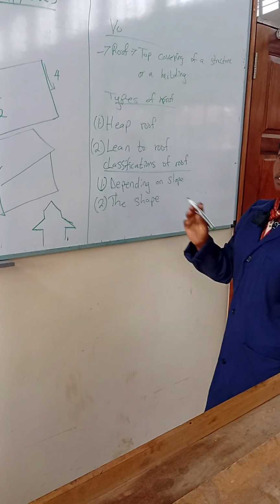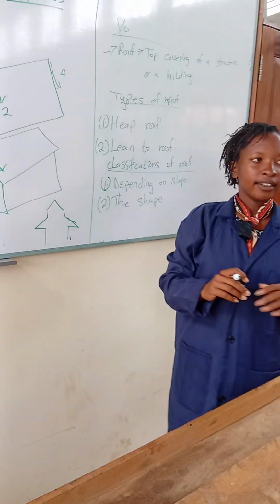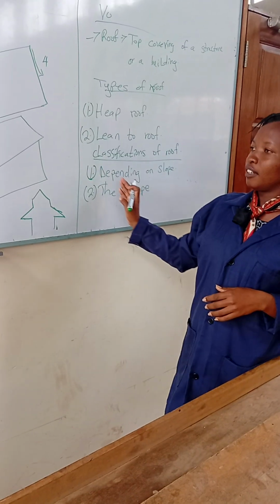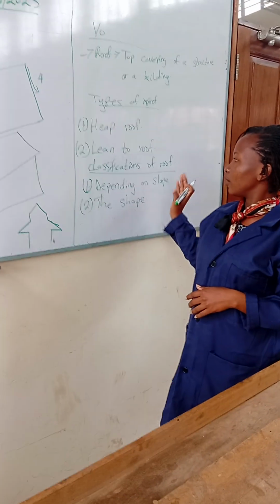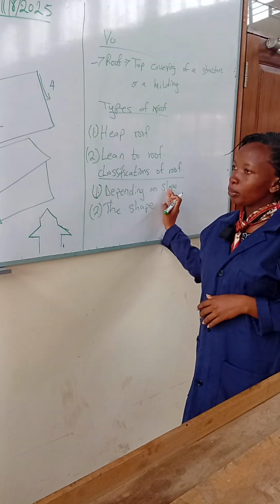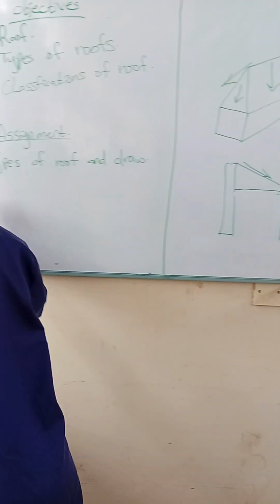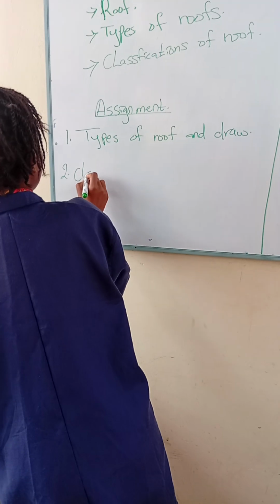So from your local area or from the town that you live in or where you come from, you have different types of roofs depending on the slope. That is question number 2 about classification.